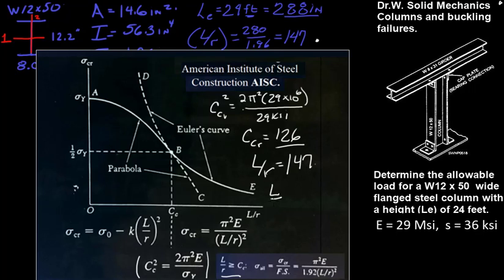So our L on R is greater than C critical, so that represents this as being a long column, and we need to use this regime over here, which is Euler's regime. So we'll be able to calculate the critical stress using Euler's function, but the AISC says we have to use a safety factor of 1.92 when we're doing that calculation.